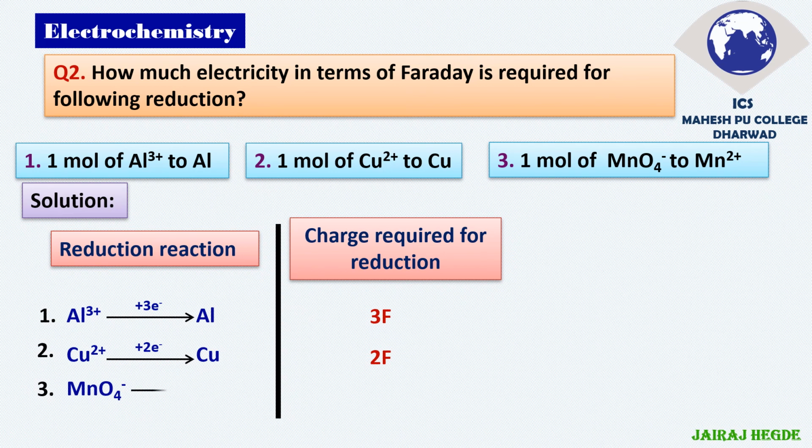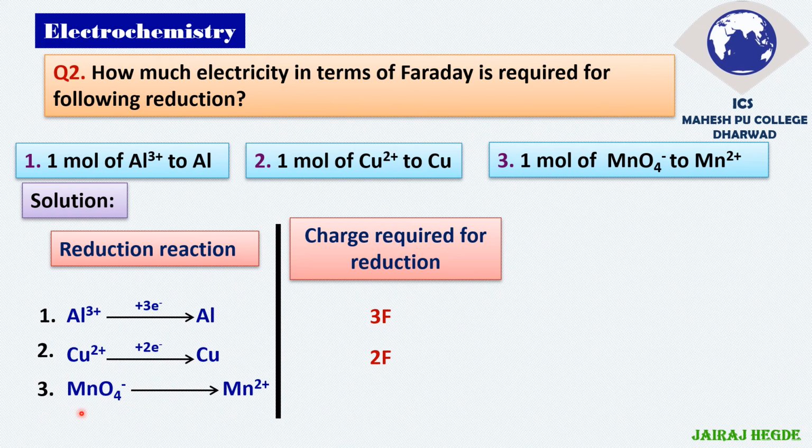This is pretty difficult: the conversion of 1 mole of MnO4- permanganate ion to Mn2+. Here we have to calculate the oxidation state of manganese. The oxidation state of manganese is +7, and here it is coming to +2. How is it +7? Oxygen is -2, so -2 into 4 is -8. x plus -8, or x minus 8, will be equal to -1.